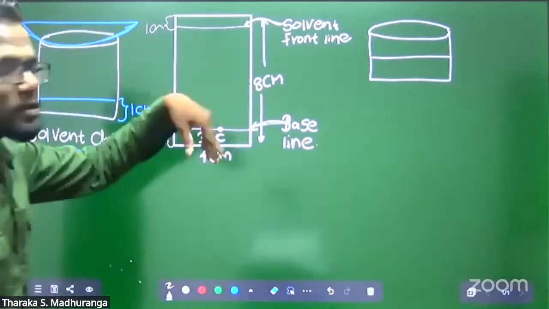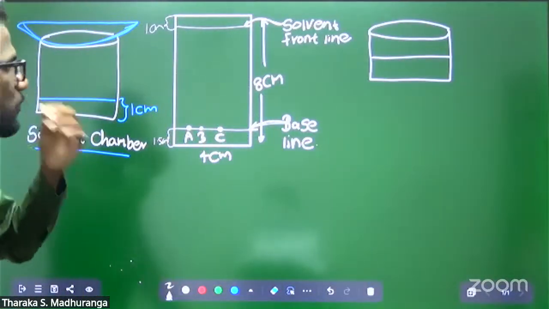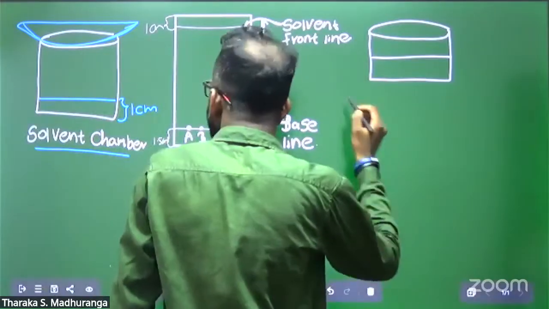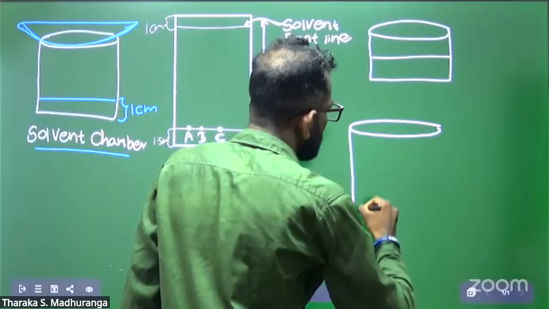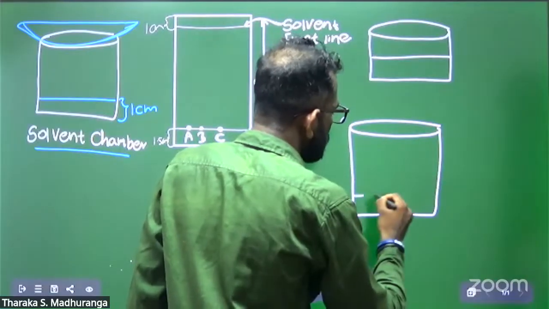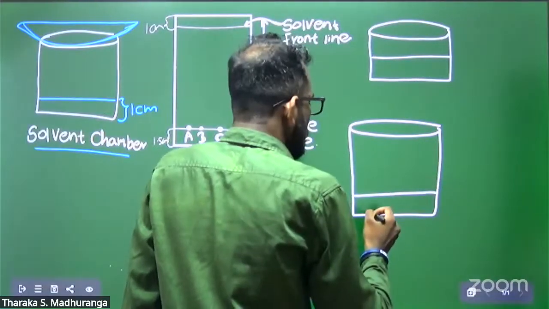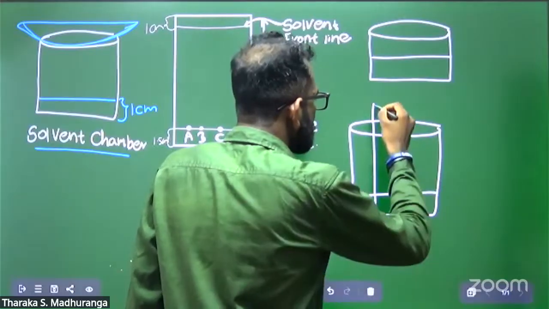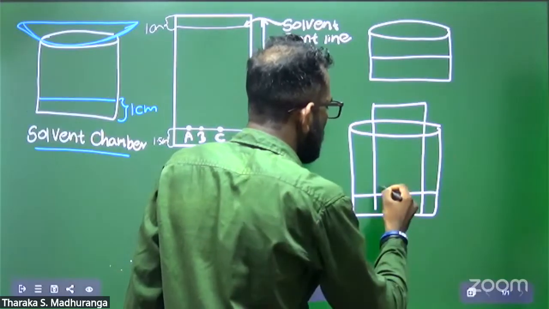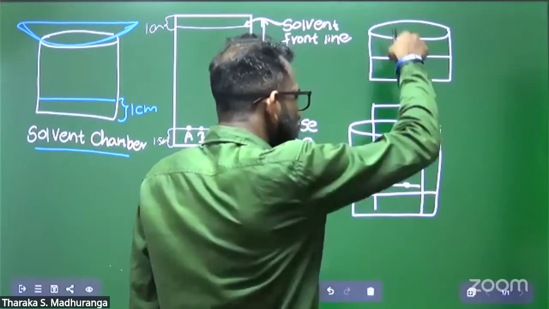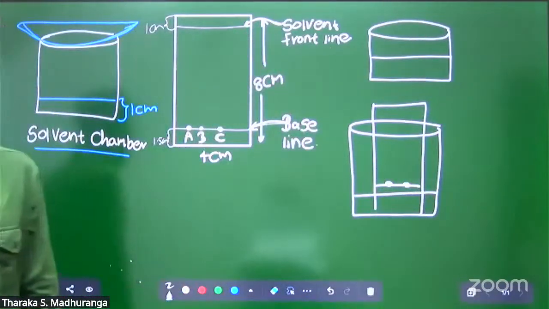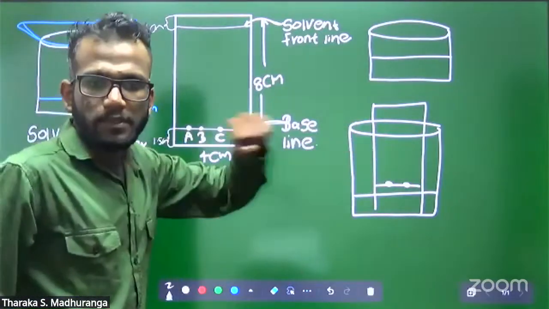Now what to do? Get the solvent chamber, and after 20 minutes, place the chromatography paper with samples in the solvent chamber.